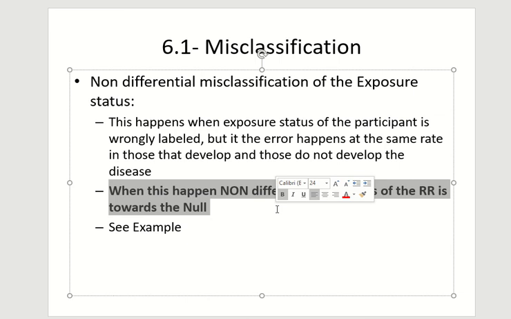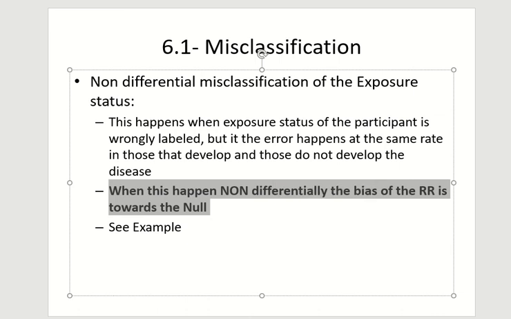However, because of this error, the relative risk is being biased towards the null, meaning it's appearing to be closer to 1 than it really is, and therefore your relative risk comes out to be equal to 1.5. The real relative risk would be 2, the biased would be 1.5. 1.5 is closer to 1, and therefore the bias is towards the null. Meaning you're making the association appear weaker than it really is.